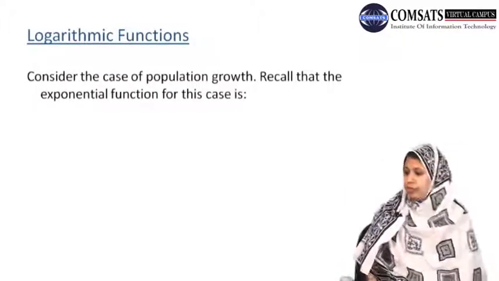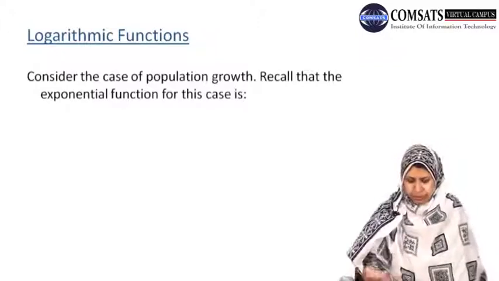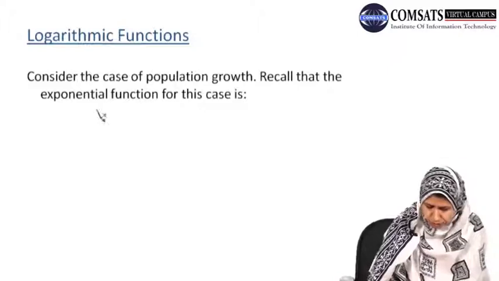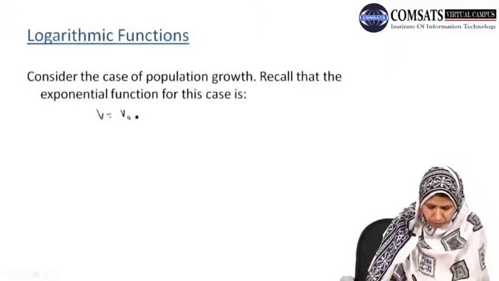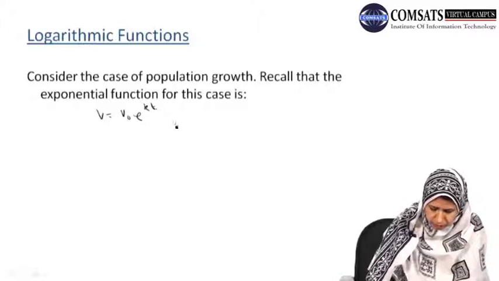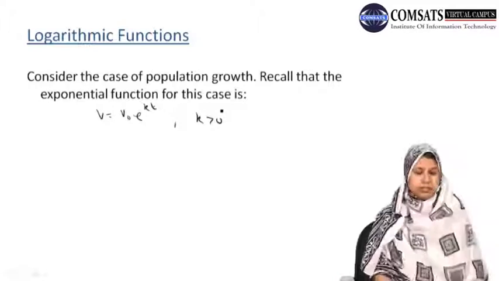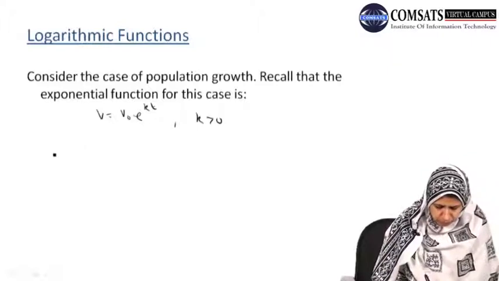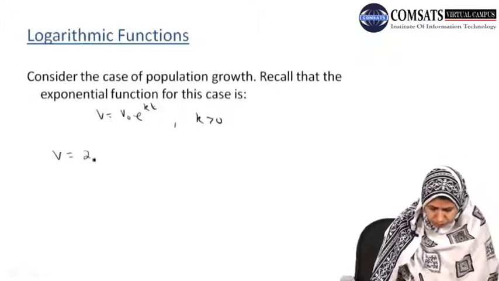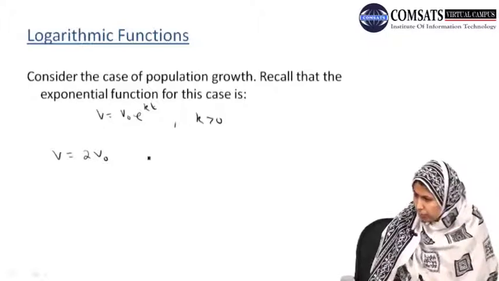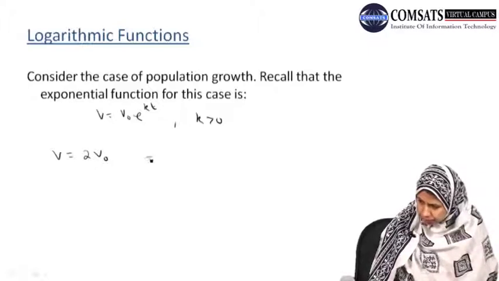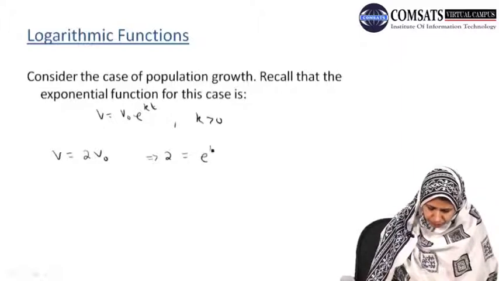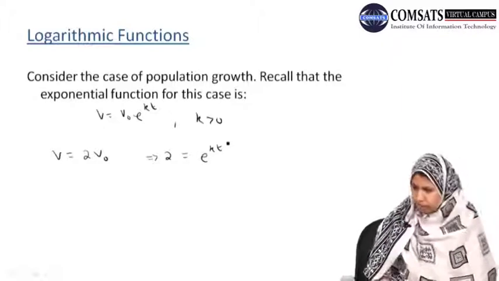If we are asked to find the population growth, recall that our exponential function for this case was V equals V naught into e to the power kt. Since this is a growth process, k is positive, and when V equals 2V naught, our model becomes 2 equals e to the power kt.